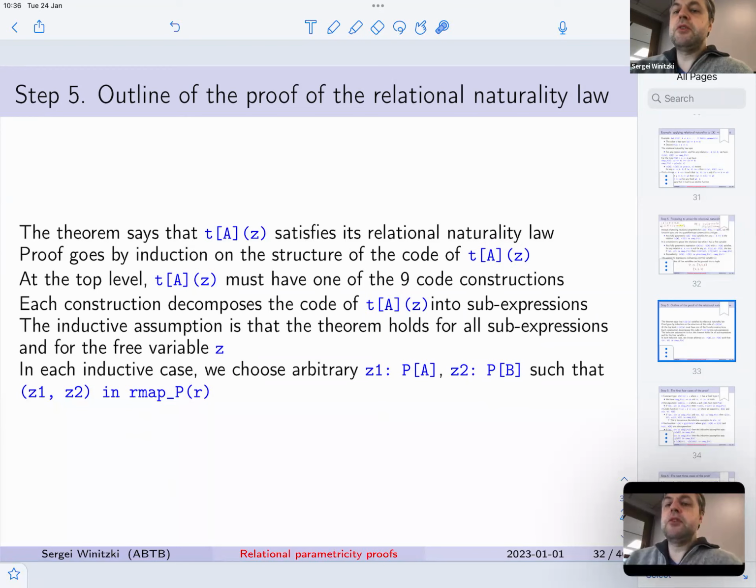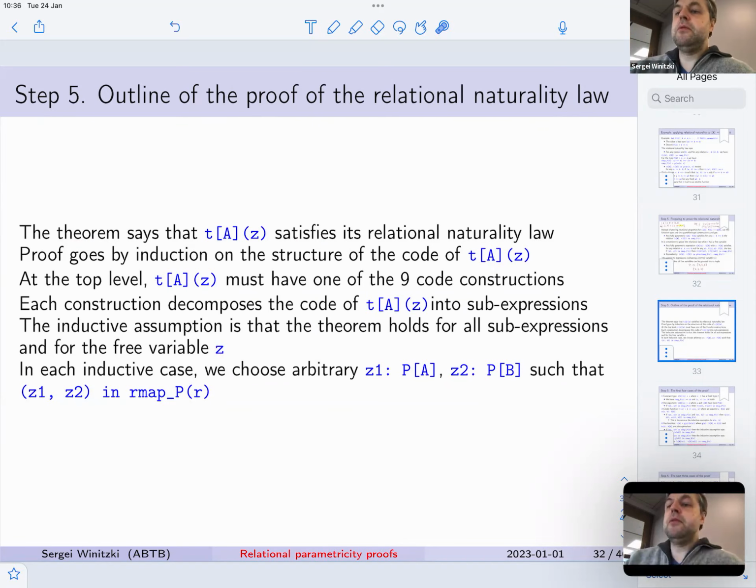And for each of these sub-expressions, which will have the same shape, will be again some code that uses the same free variable or more free variables. And the inductive assumption is that the relational neutrality law, or the parametricity theorem, holds for all the sub-expressions and also for the free variable z.